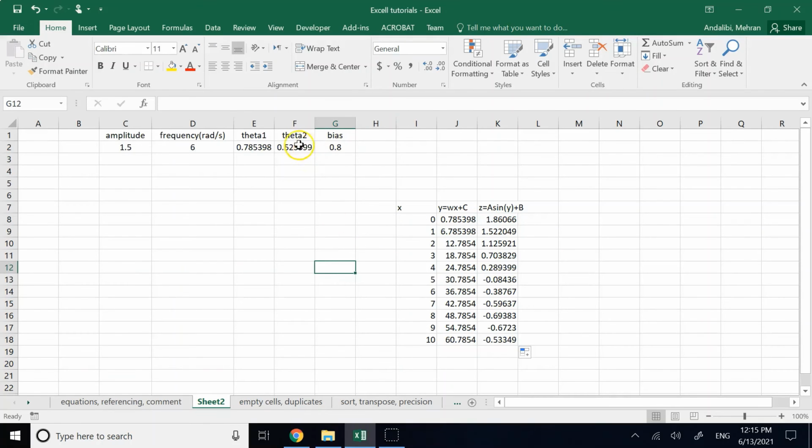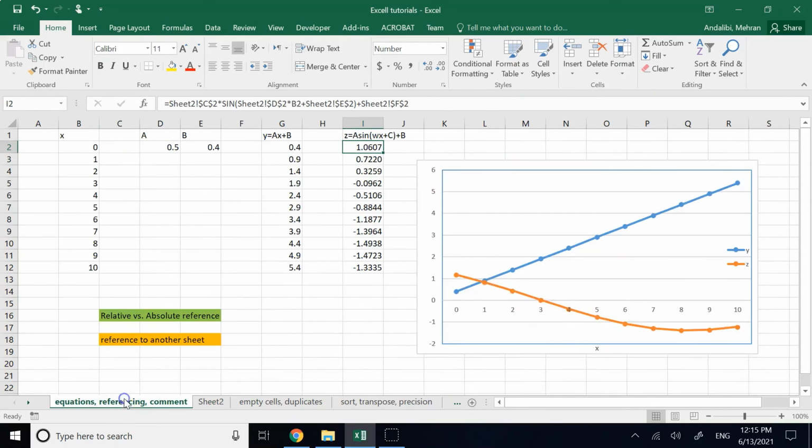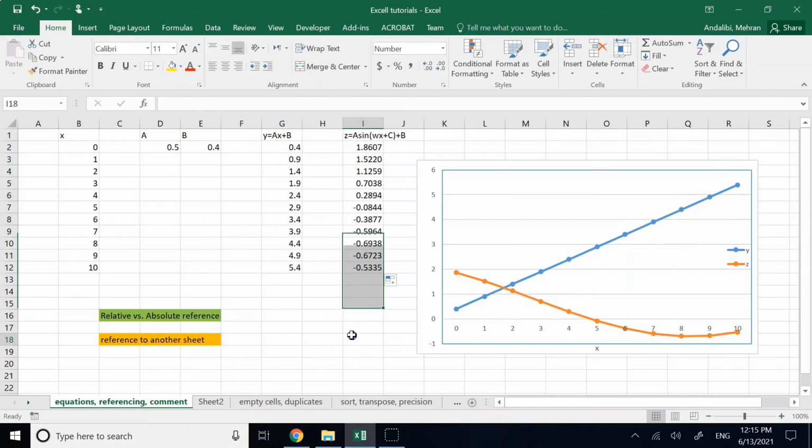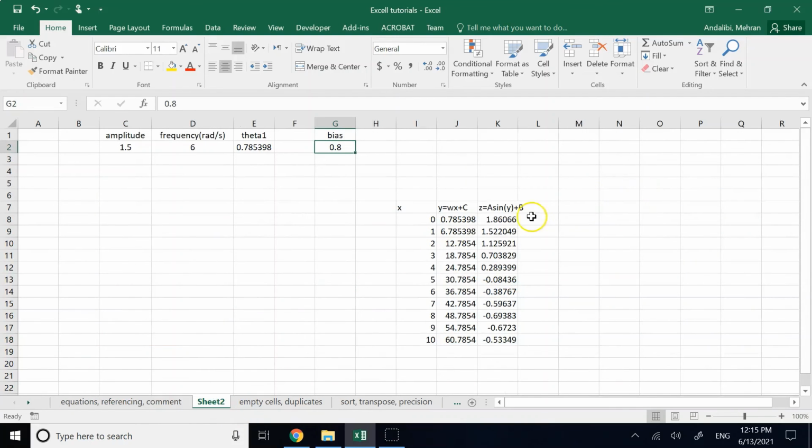The reason is I use this second theta, not the bias. That's why. So let me get rid of this. And in that equation, I use G, not F. So here, this thing should be G. And update it. Good. So now if you look at the numbers, 1.86, negative 0.5, that's the same as these numbers, and it should be.